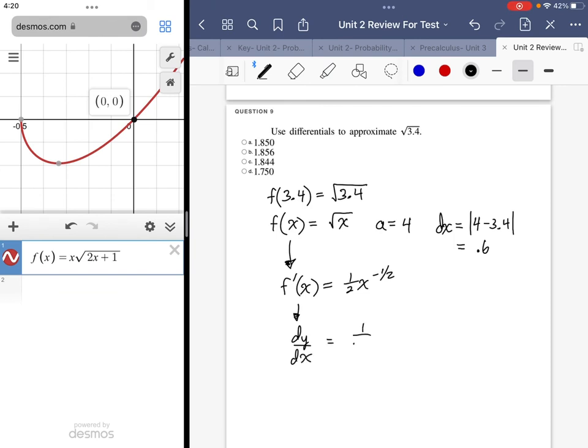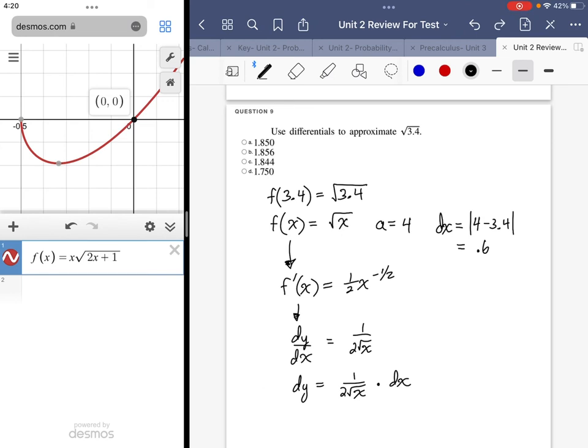And I'm going to rewrite this as 1 over 2 radical x. So dy would be 1 over 2 radical x multiplied by dx. That's the differential form. So this is the differential equation, dy over dx, and this is the differential form of that differential equation.